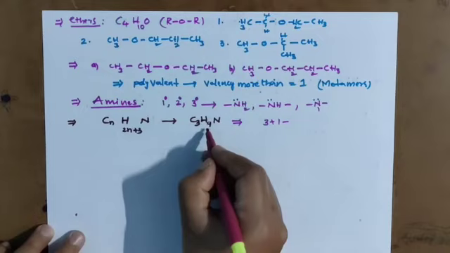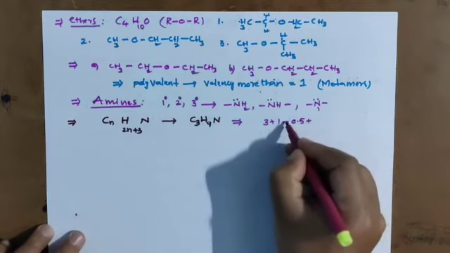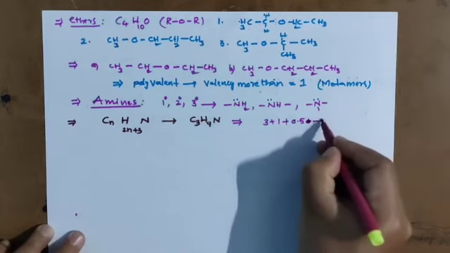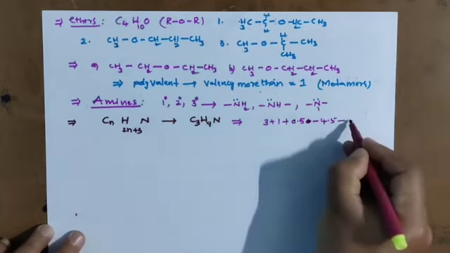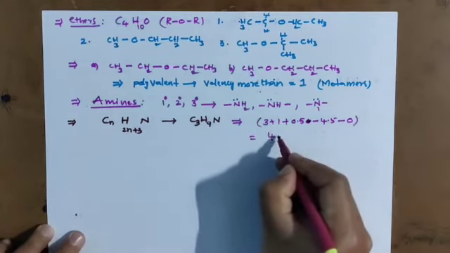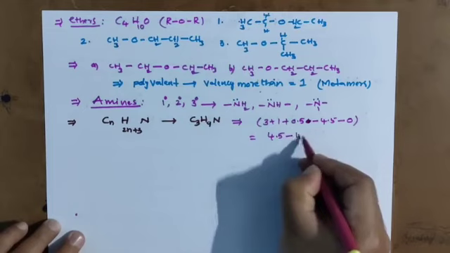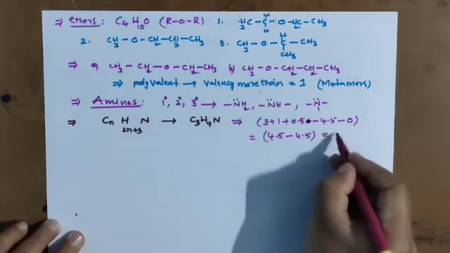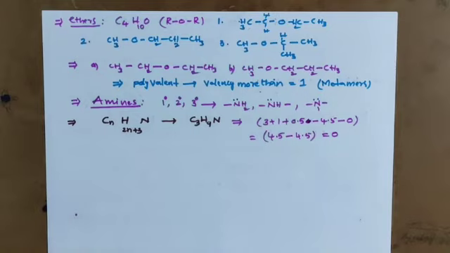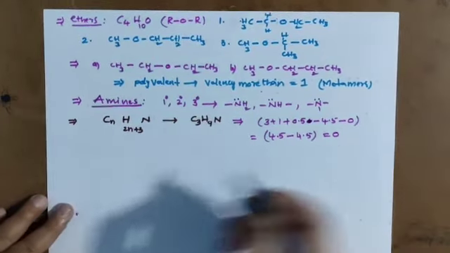Here you are getting 9, so 9 by 2, that is 4.5, minus 4.5, which equals 0. DBE is 0, which means no double bonded system and no rings.